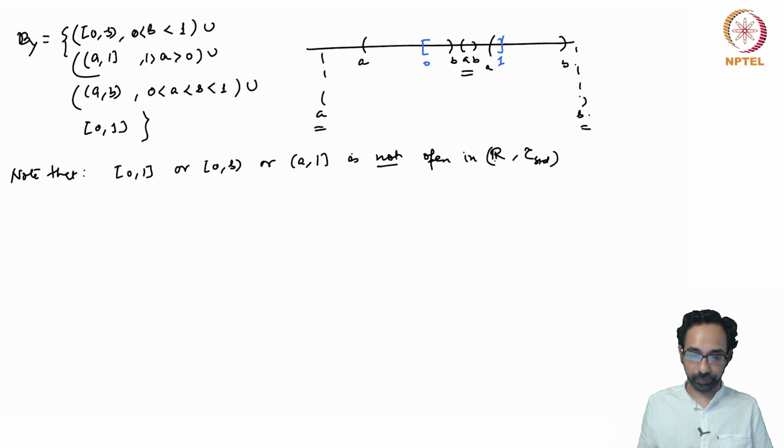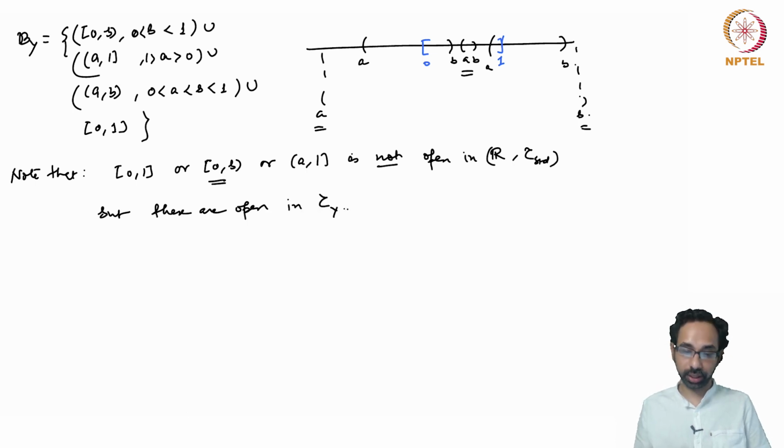Because, for example, for this one, if you take the point 0, then there is no basis element that contains 0 and is contained in this half closed or half open interval [0, b), as we have seen for the lower limit topology. So it's not open in the standard topology in R, but these are open in the subspace topology for Y. So there are some more open sets than usual, and we have to keep this in mind whenever we use the subspace topology.